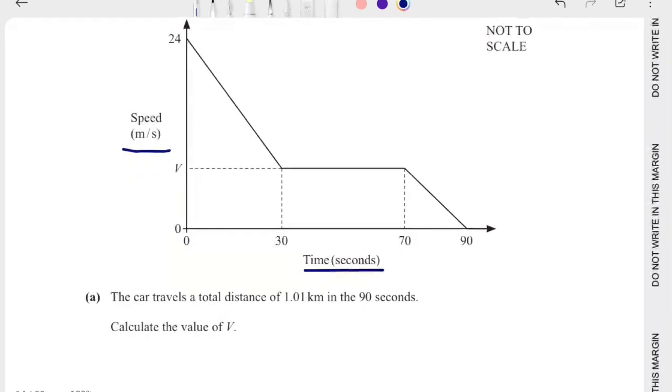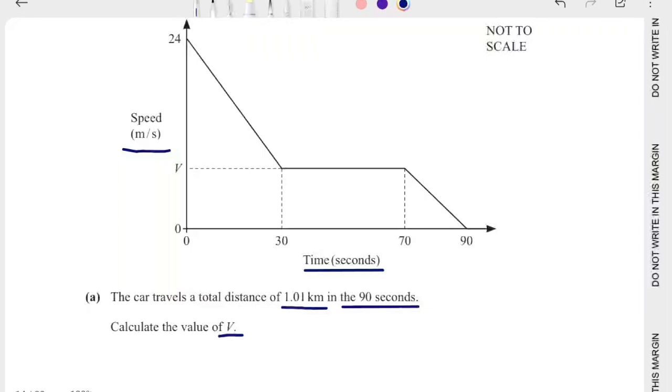Part A. The car travels a total distance of 1.01 km in the 19 seconds. Calculate the value of V. Normally, the distance is found by calculating the area of the shape under the graph, like the shapes of rectangles, triangles, or a trapezium.